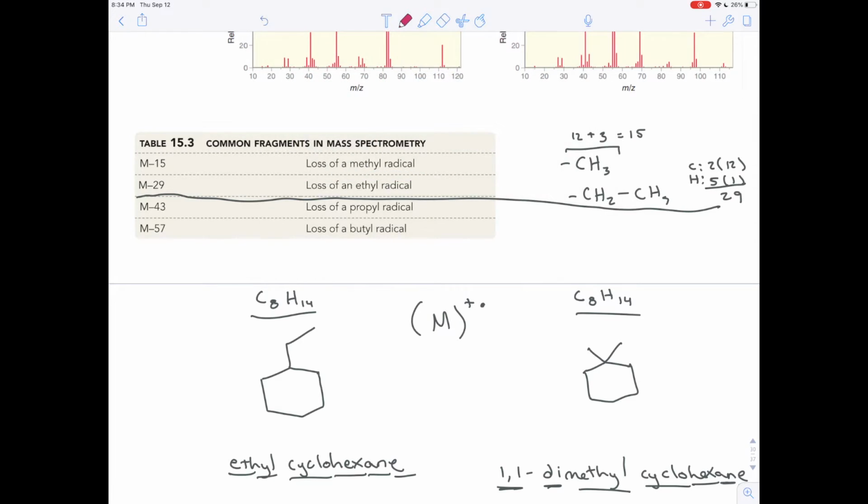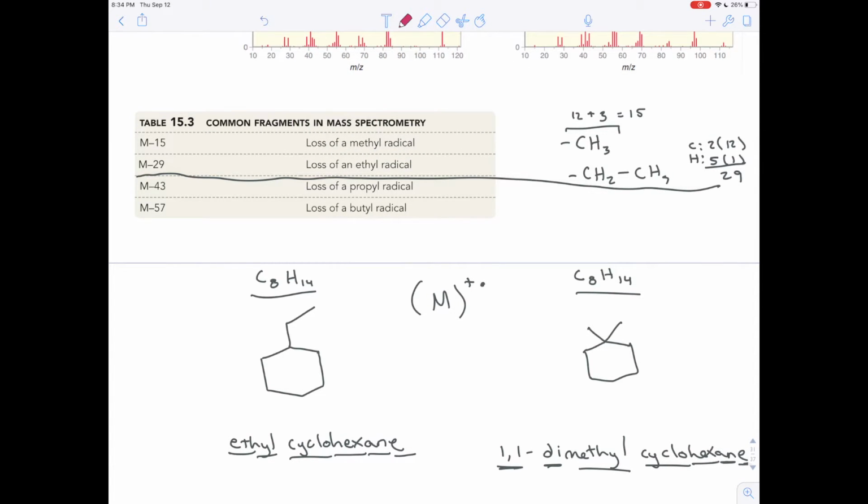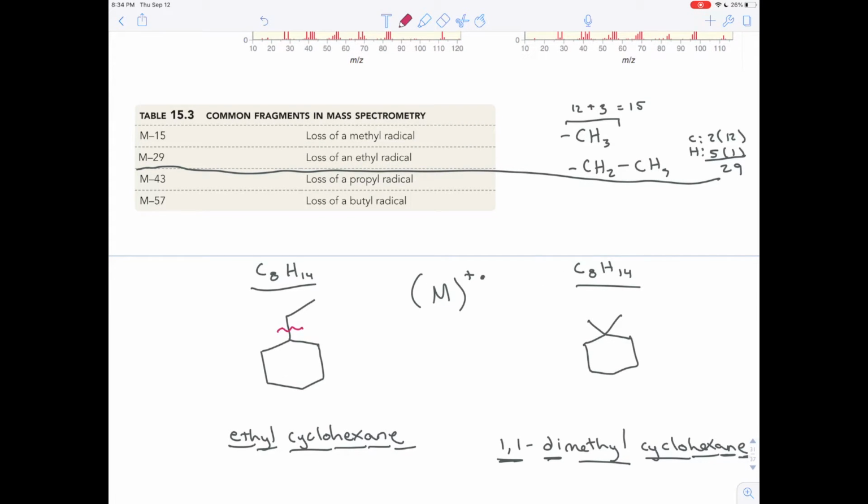In this ethyl cyclohexane, you have an ethyl branch that could easily get kicked off. And in 1,1-dimethyl cyclohexane, you have a methyl branch that could easily get kicked off.